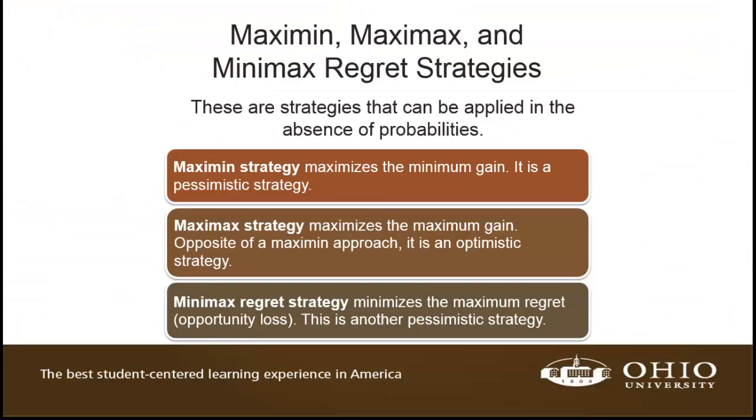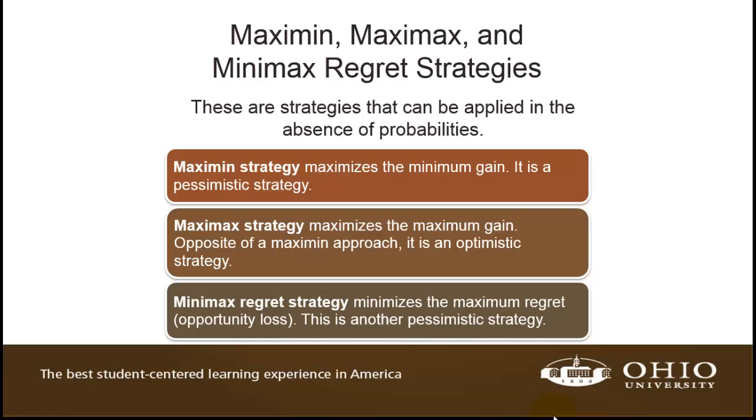Okay, so we just finished talking about expected monetary value and expected opportunity loss, and we saw that based on both of those calculations, which are probability-based calculations, we would have selected the alternative of Kaiser Chemicals to be our best option or best decision. We're now going to look at three strategies that do not require probability.